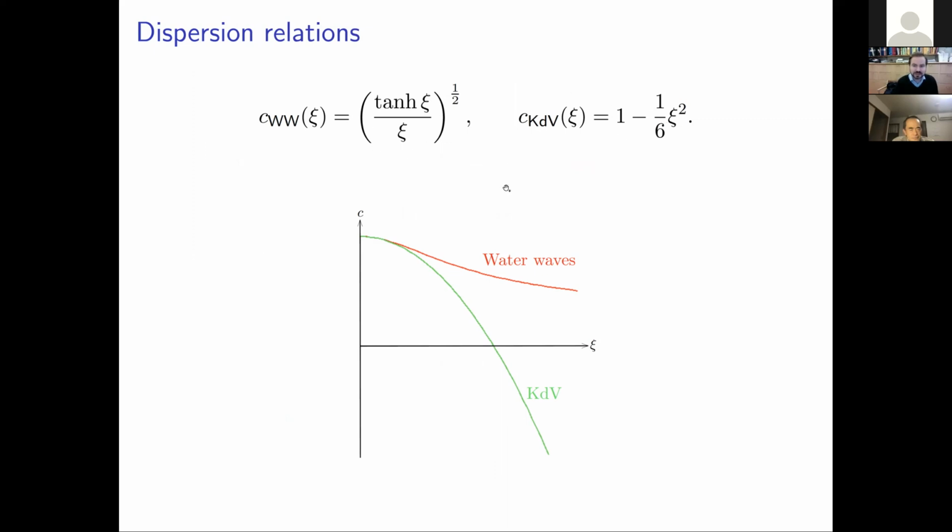And we see that the KdV relation is the Taylor expansion of the one for the water wave problem at the origin. So they behave similarly for long waves, but if you look at shorter waves, where the wave number is larger, then there is a larger discrepancy. And that is part of the motivation for the Whitham equation.